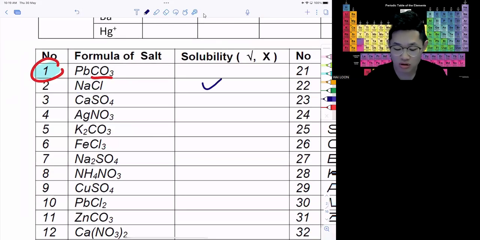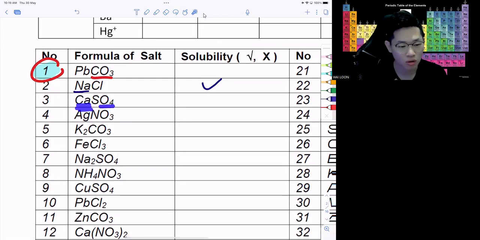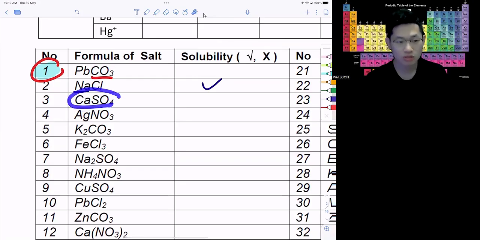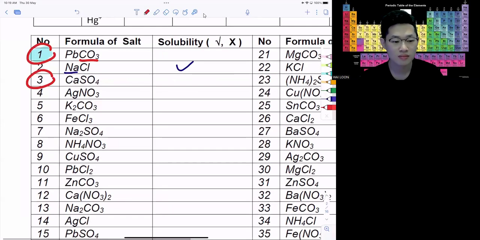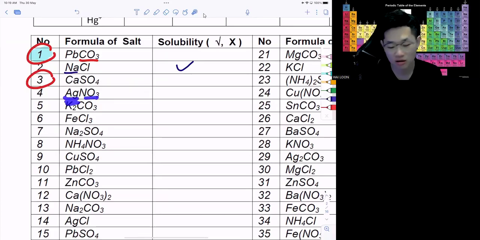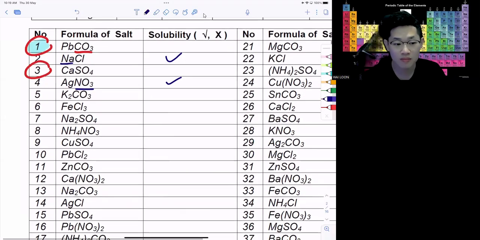Sodium, soluble. Sodium, potassium, ammonium, nitrate? No. COOH? No. Chloride or sulfate? Is it paired with PBBACA? Oh yeah, Ca. Then insoluble. Nitrate, soluble. Just like that. Very simple.